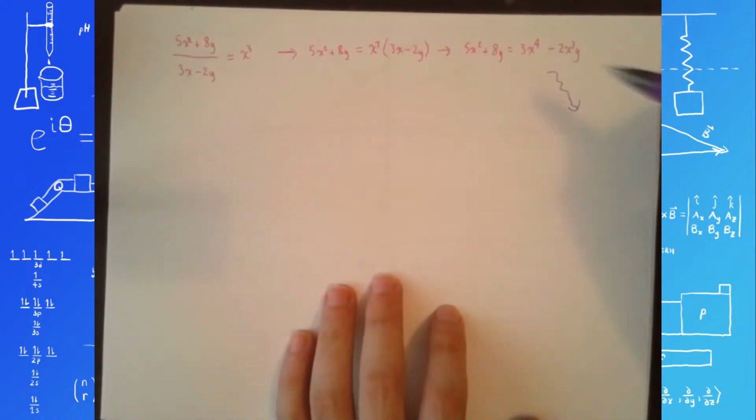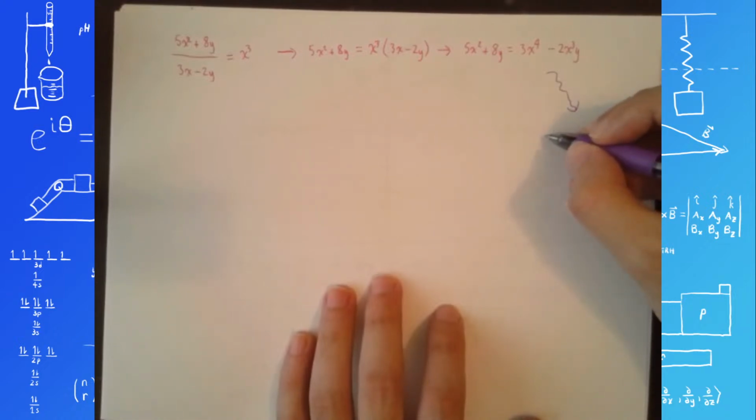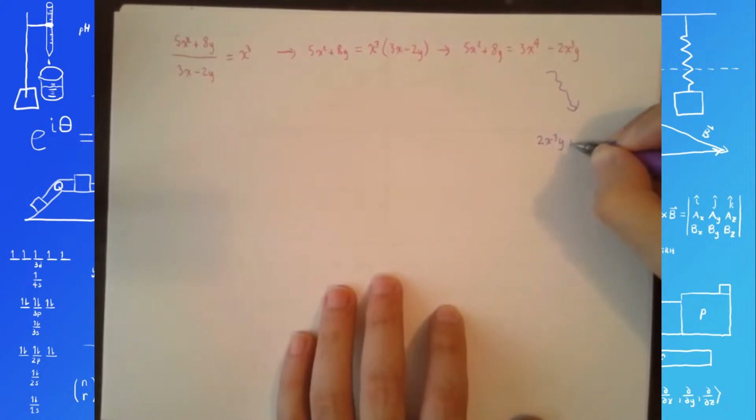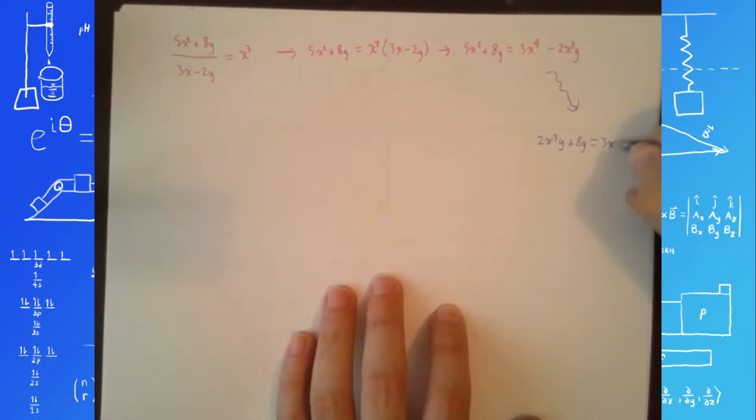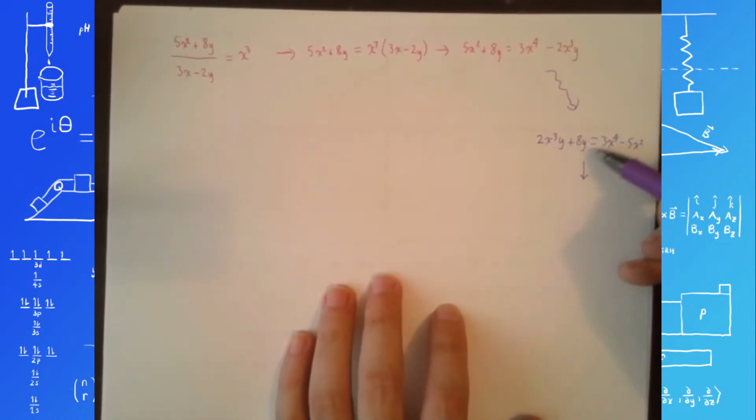The reason I prefer it is because the thing that I want to factor the y out of would become positive if I add 2x cubed y to the left. So if I do 2x cubed y plus 8y equals, I subtracted 5x squared, so that's 3x to the fourth minus 5x squared. And then from there, factor out the y.